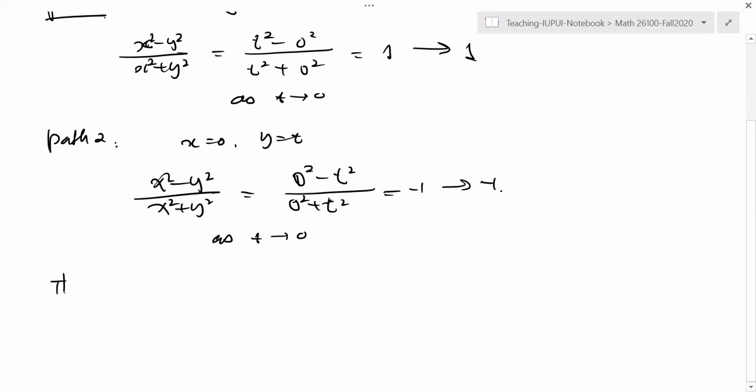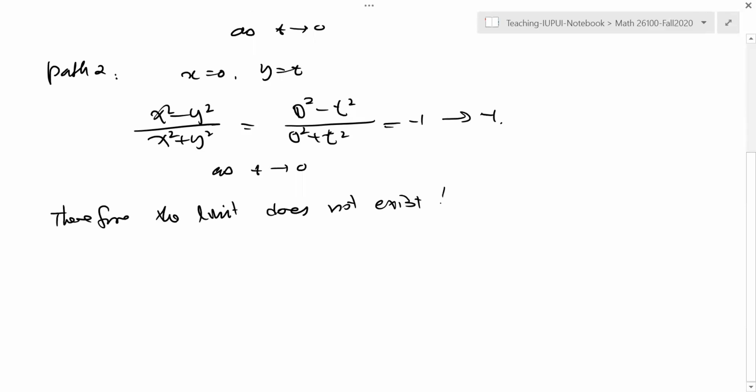Therefore, the above limit does not exist. I'm not talking about the limit along the paths. The original limit doesn't exist. So that's much easier to prove.